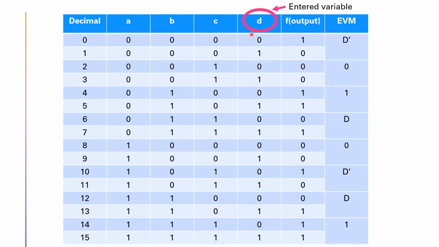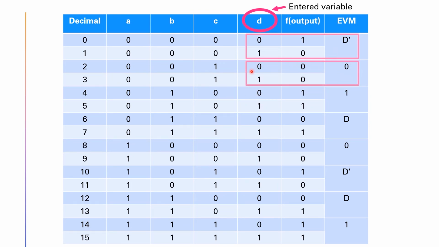For this case, I will assume that the variable d is the indirect variable. In order to find the EVM value, we need to compare the variable f with the variable d. For the first case, we can see that f is the inverse of d, so the EVM will equal d bar.